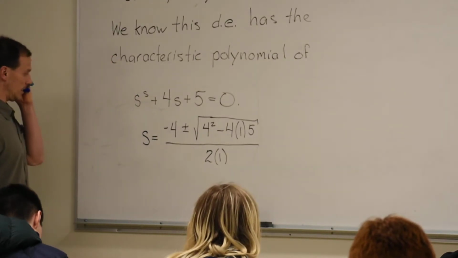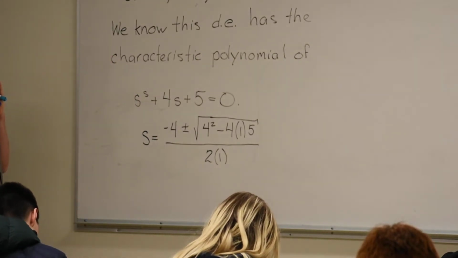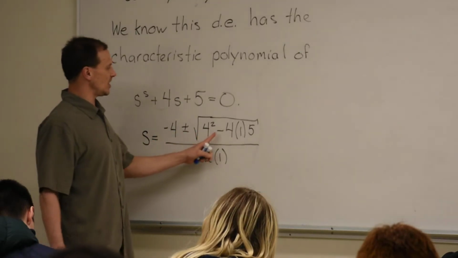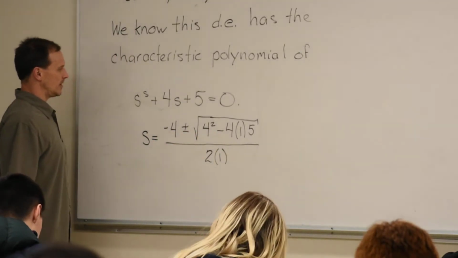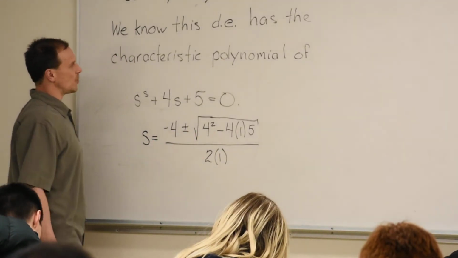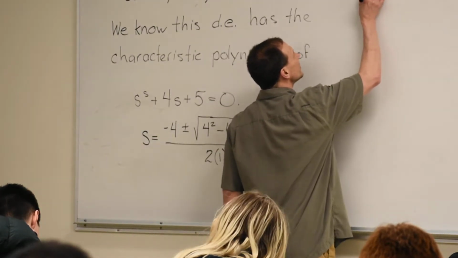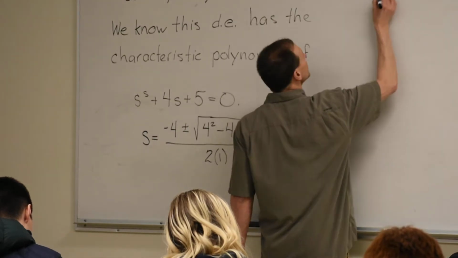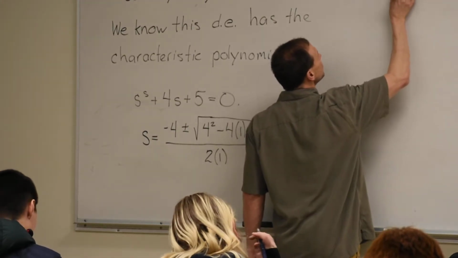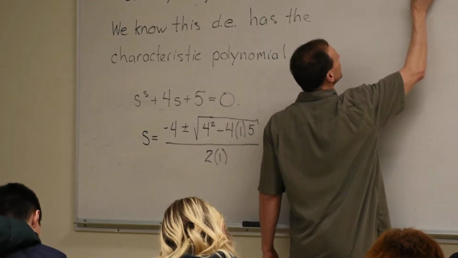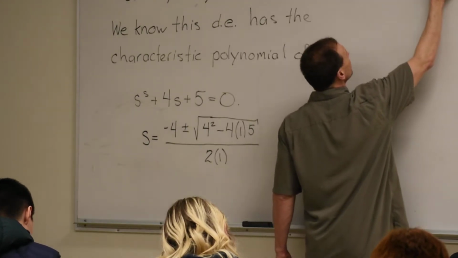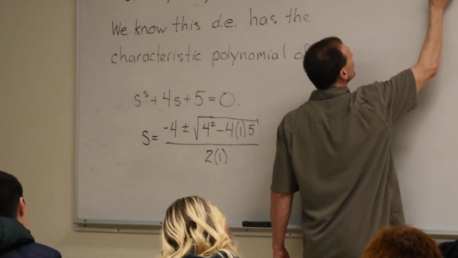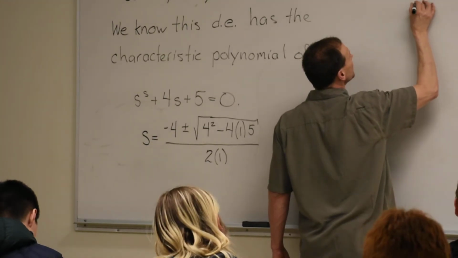So let's clean that up. That's 16 minus 20. That's going to be a minus 4. So s is equal to minus 4 plus or minus the square root of minus 4, over 2.